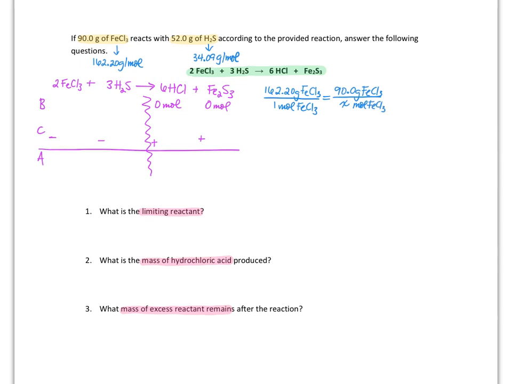Okay, so we're going to cross multiply, divide, and we're going to end up with 0.5549 moles FeCl3. Go ahead and place that in the BCA table: 0.5549 moles.